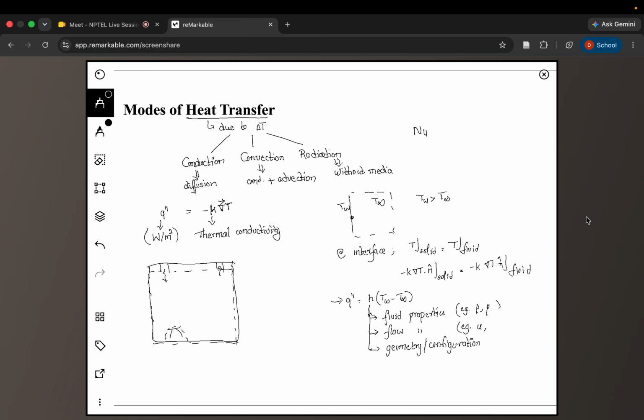That is again a non-dimensional number used to assess whether your particular configuration is more helpful than conduction or not. Nusselt number is essentially the ratio of heat transfer due to convection divided by conduction. If this number is greater than 1, it tells us how efficient your heat transfer is because of convection.